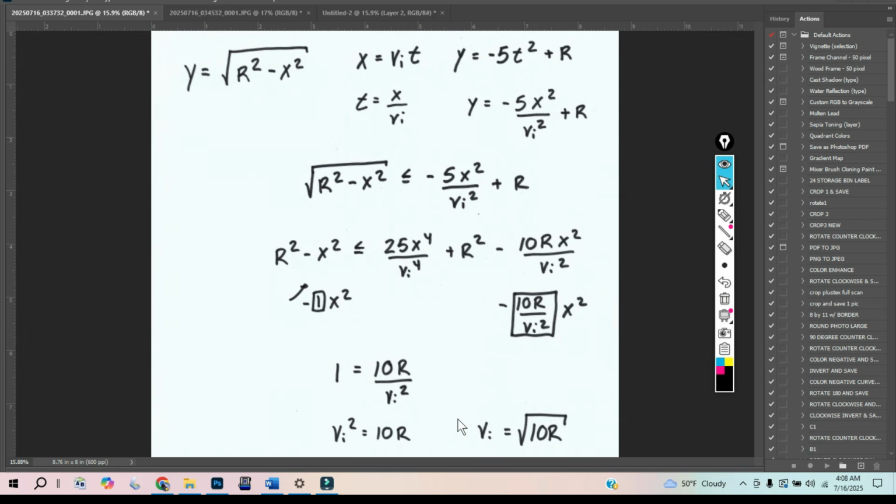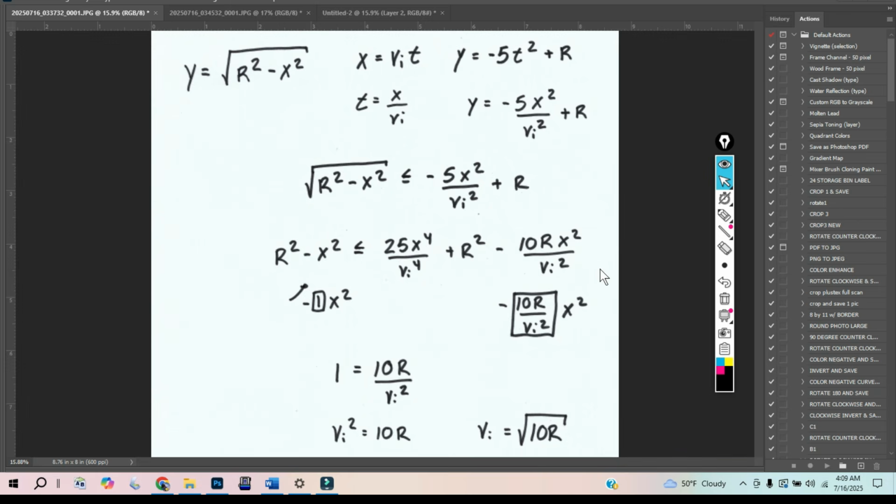This is the velocity max. Now we're going to take the square root of 10r, and plug it into here, and this velocity has to be bigger than square root 10r.